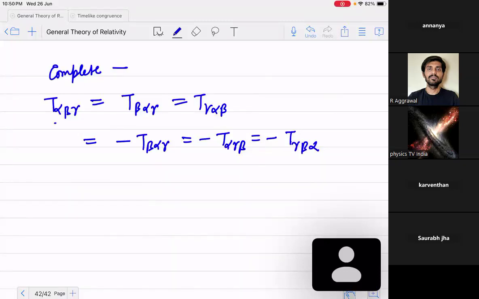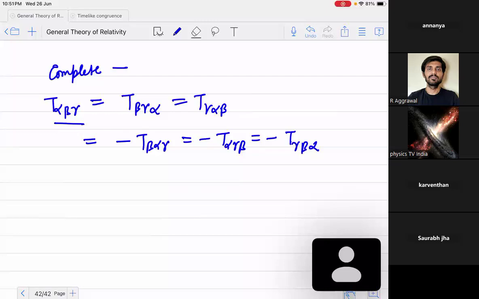T alpha beta gamma is T beta alpha gamma, oh, repeat. Oh, beta gamma alpha. Yes, thanks. Now it's fine, na? Yes, sir, it's good. You pointed it out. Very good.